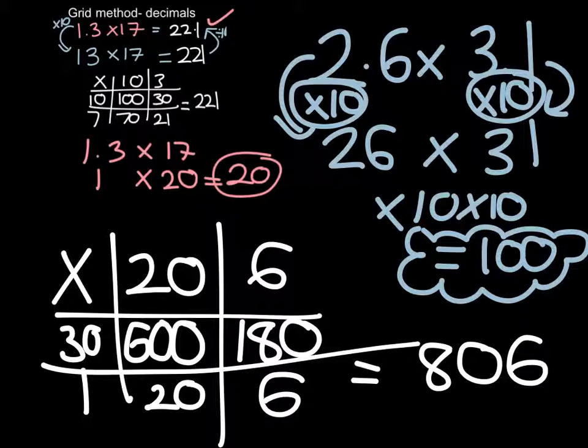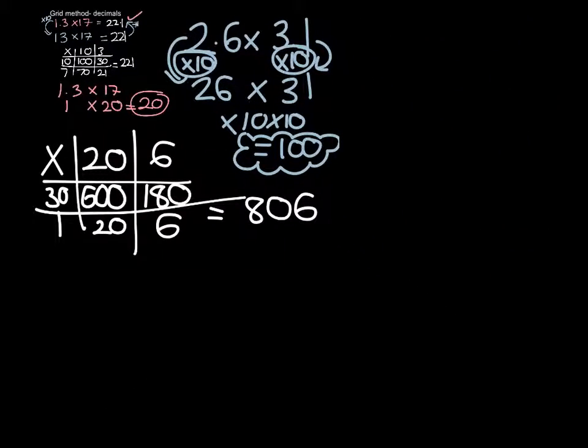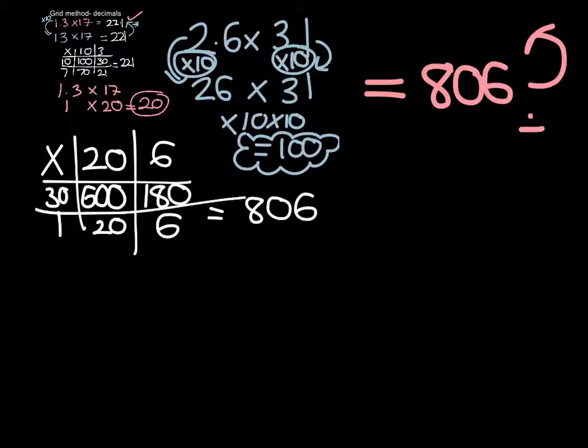And we made a note that we had to times the question by 100. So I'm going to go back up to the top. The answer is 806, but we had to times by 100, so we now need to divide by 100. Dividing by 10 would make it 80.6, so dividing by 100 will make it 8.06.